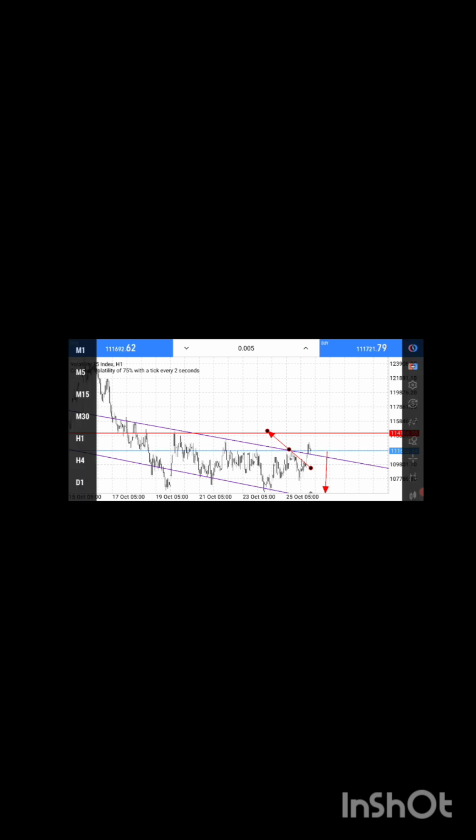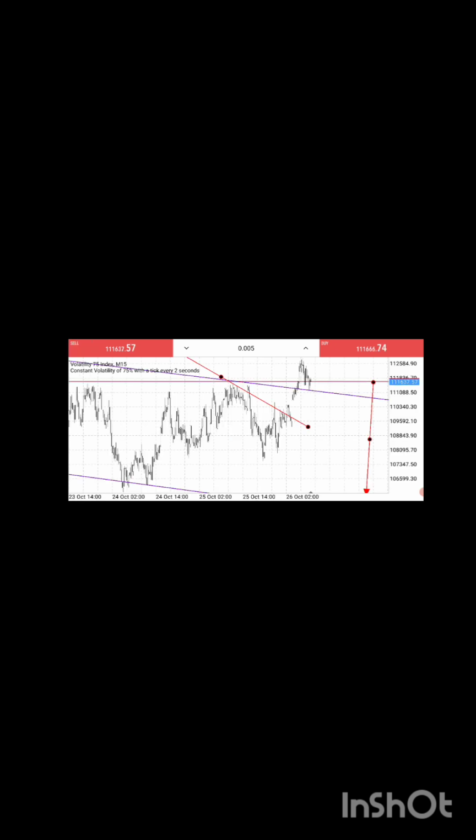So this is done in the entry time frame after you have run your top-down analysis. So we go to the entry time frame, basically 5 minutes or 15 minutes. So let us be in the 15 minutes.